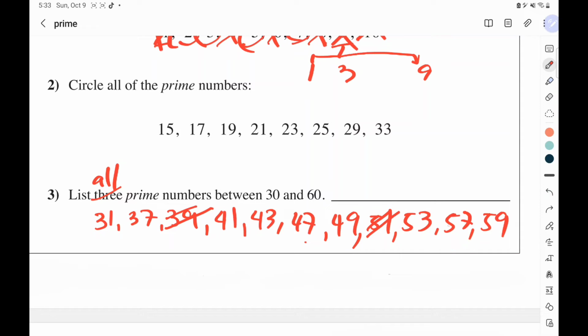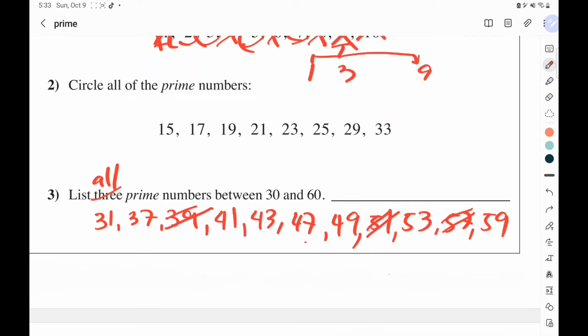Therefore, 57 is also divisible by 3. That makes 57 not a prime number. 59, 5 plus 9 is equal to 14, and 14 is not divisible by 3. So we can leave 59 alone. Alright. So we have 31, 37, 41, 43, 47, 49, 53, and 59.